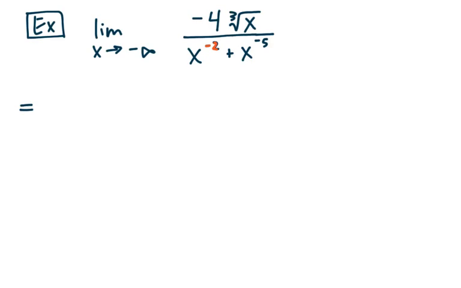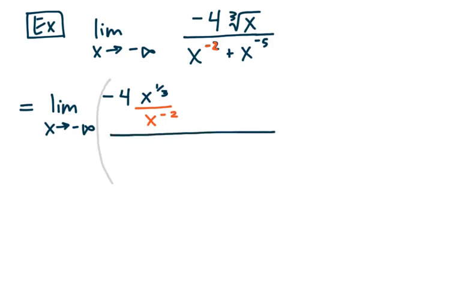So this is the same as writing the limit as x approaches negative infinity of -4 times the cube root of x, which is the same as x to the 1/3, and I'm going to divide that by x to the -2. We're going to have a really big expression here, so I'm going to throw some parentheses in.